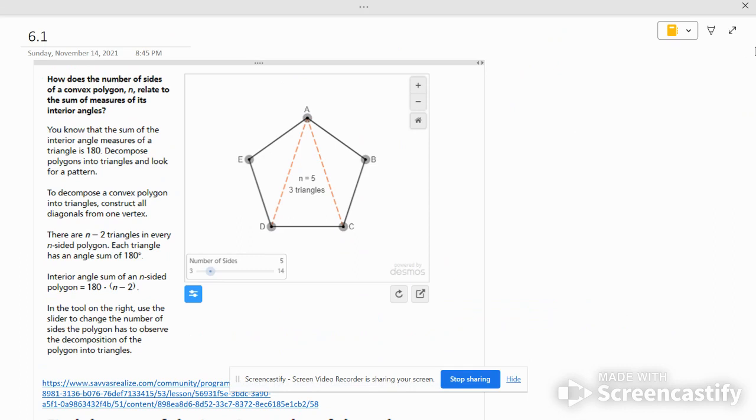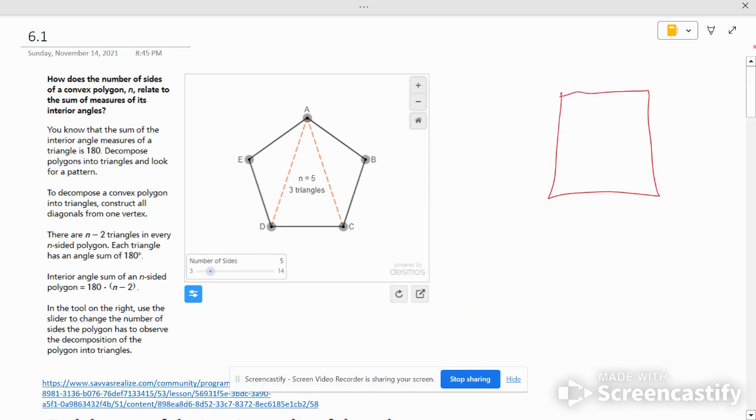So a triangle has how many degrees? 180. If it's got 4 sides, how many degrees? 360. Because why? Well, you draw a diagonal across it.